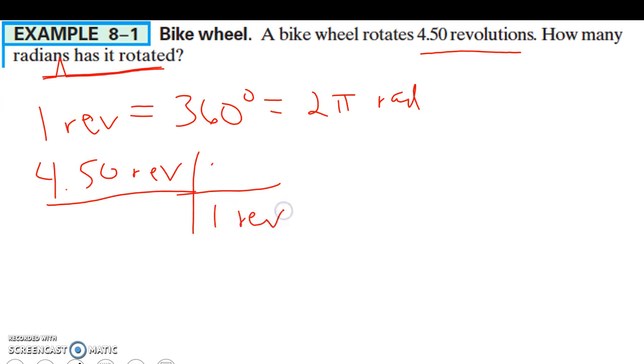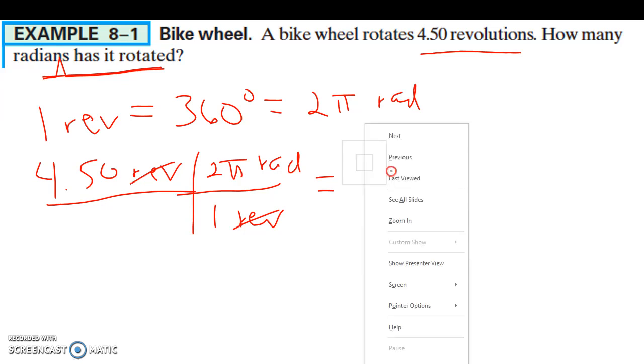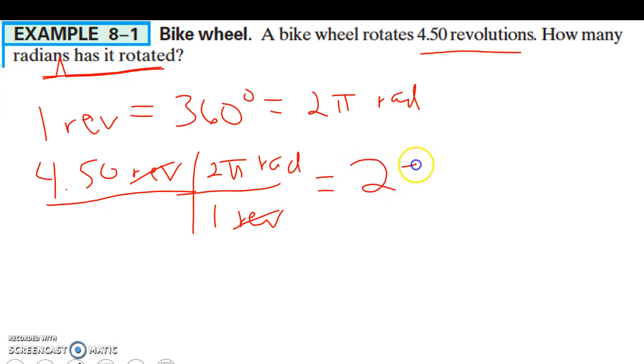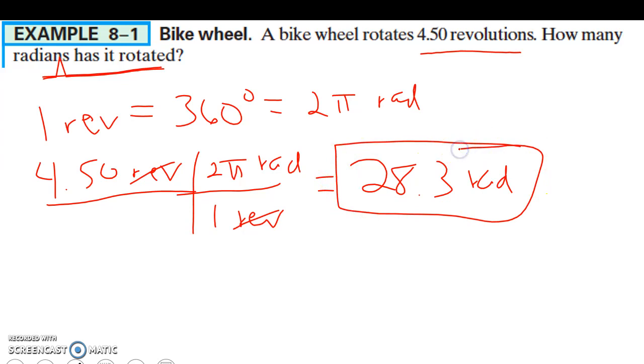One revolution is 2 pi radians. 4.5 by 2 pi, 9 pi. And we're going to take 4.5 times 2 pi, and we're going to get 28.3 radians. And that's how many radians it has rotated.